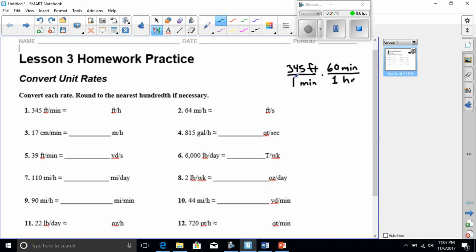And if I work this, I realize I have minutes over minutes. I can cross them out. And I have 345 feet times 60 over 1 times 1 hour.